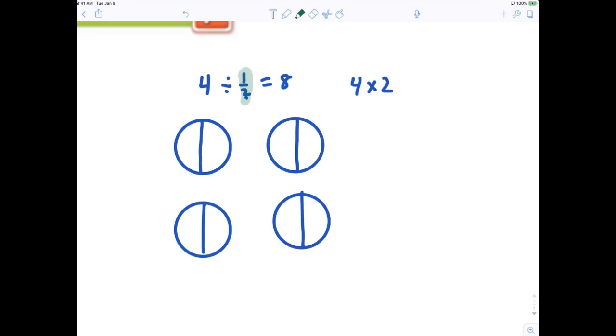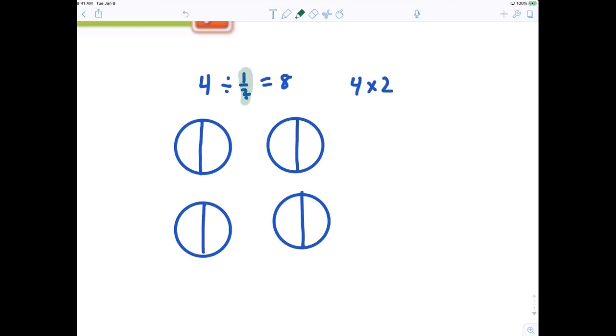When somebody says 4 divided by 1/2, most people say 2, because they're not thinking about it logically. 4 is what you have, and you're splitting those 4s into halves. If you split the 4s into halves, you'll have 8 altogether. Is everybody with me on that?